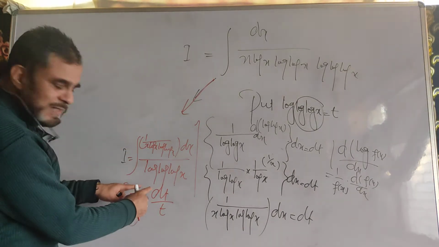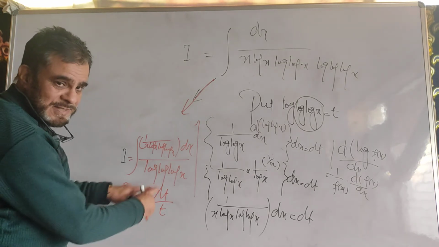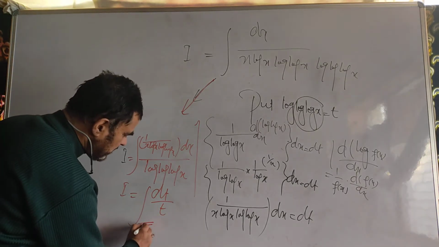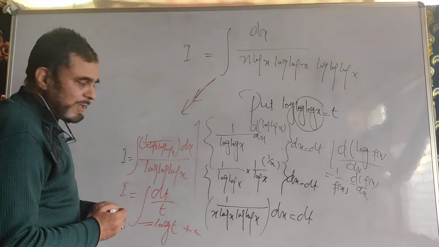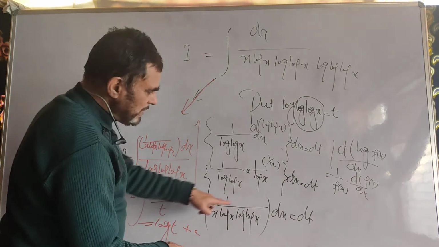What is the integral of dx by x? Log x. So dt by t is log t. So it is log of t plus c. Now you replace the t value back.